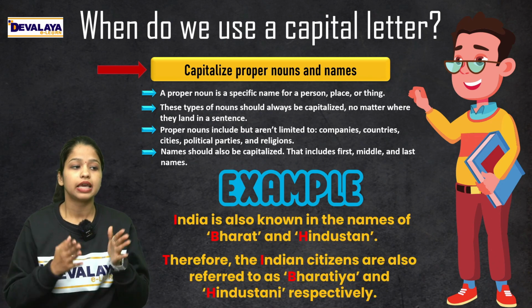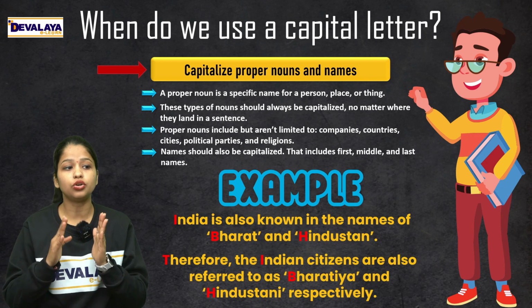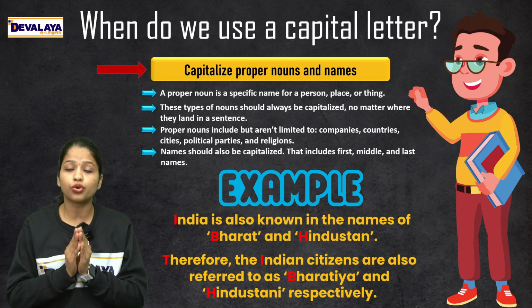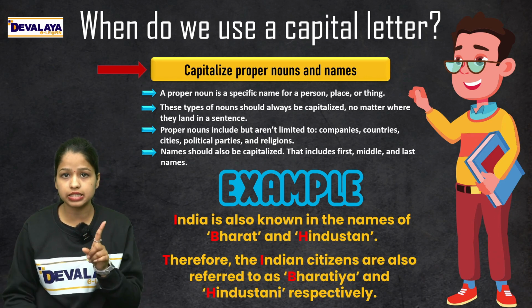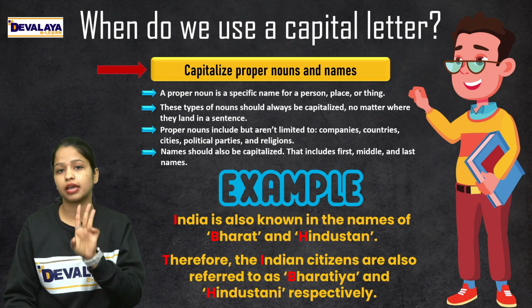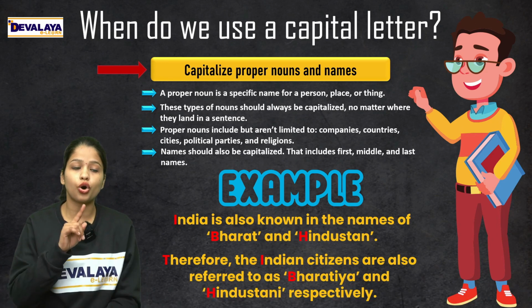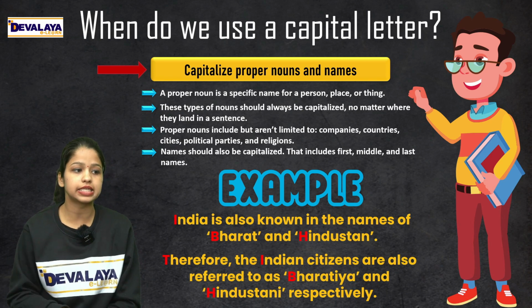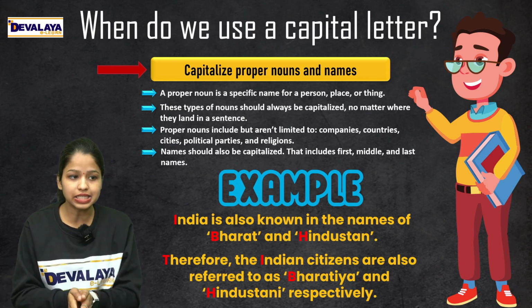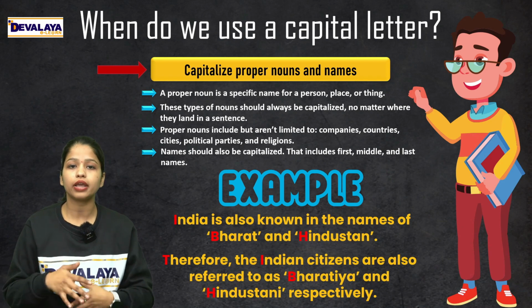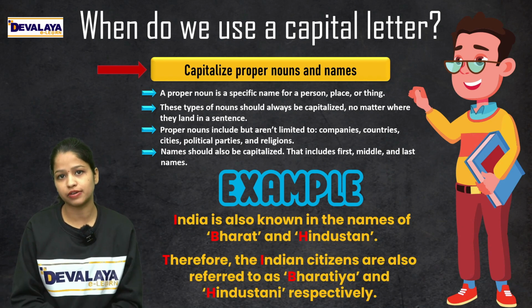Let's take an example for that. If I'm saying India is also known by the names of Bharat and Hindustan, we have capitalized India's I, then Bharat's B, then Hindustan's H, right? Because all of these things are what? Proper nouns. Clear? Then next is, therefore, the Indian citizens are also referred to as Bharatiya or Hindustani respectively. Clear?